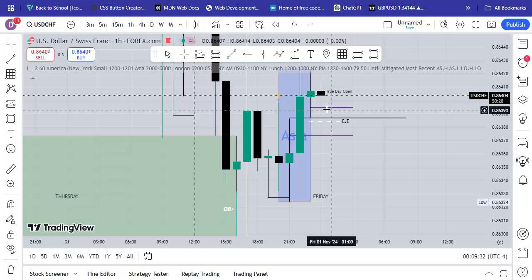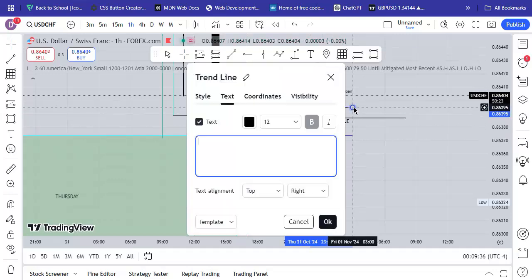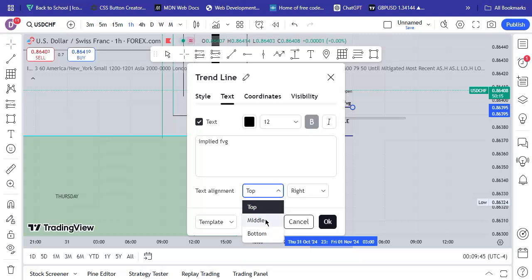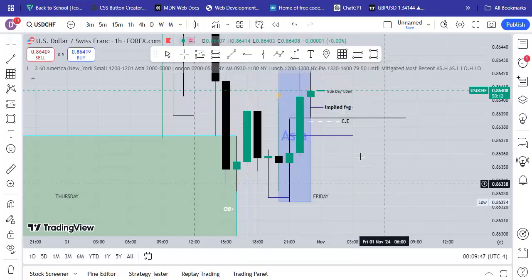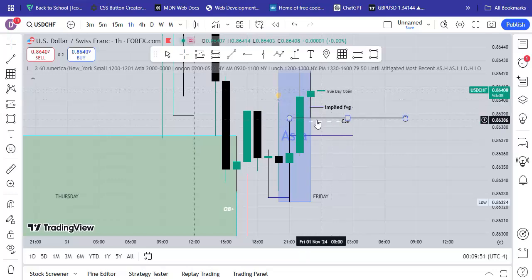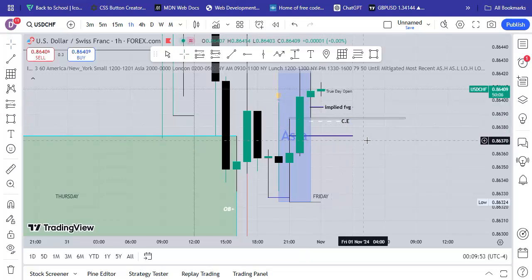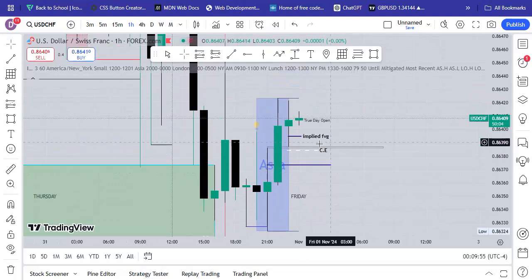So once price comes into this point, this is an implied fair value gap. Let me write it. So this is going to be an implied FVG. So we have this implied FVG right here. If price retraces to this consequent encroachment of this implied fair value gap, I want to buy.